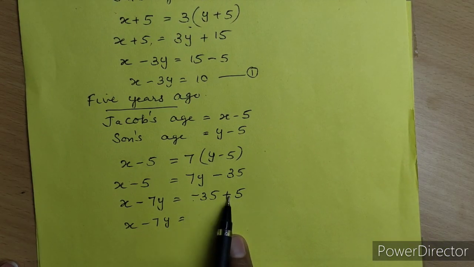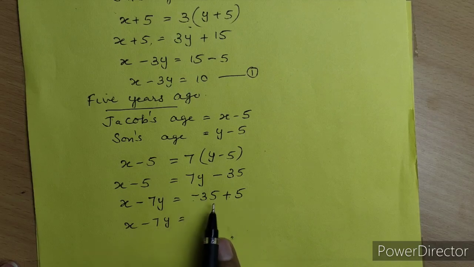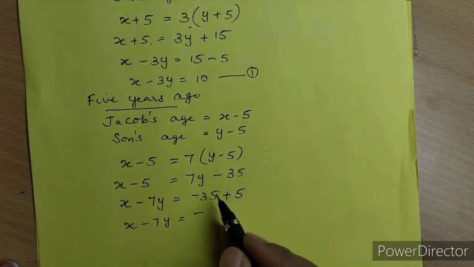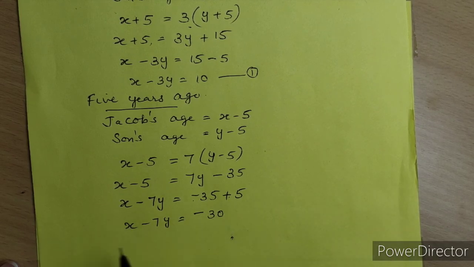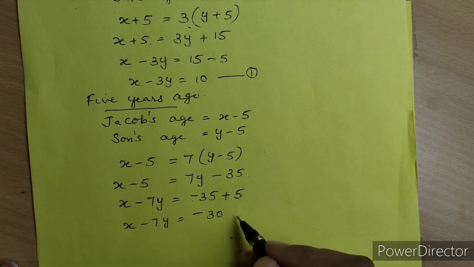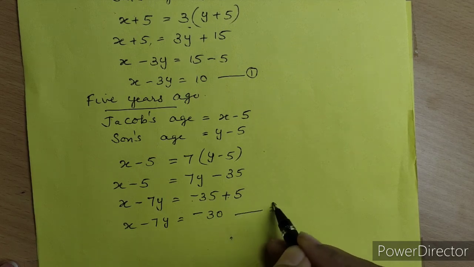One is negative and one is positive, you have to subtract, put the greater number's sign. Greater number is 35, so negative 35 plus 5 is minus 30. So the equation is x minus 7y equals minus 30.